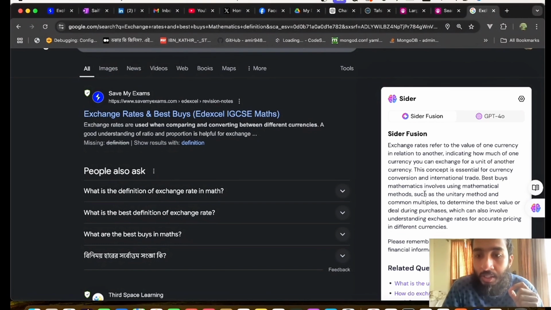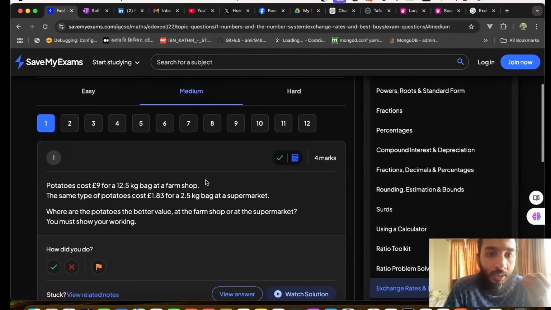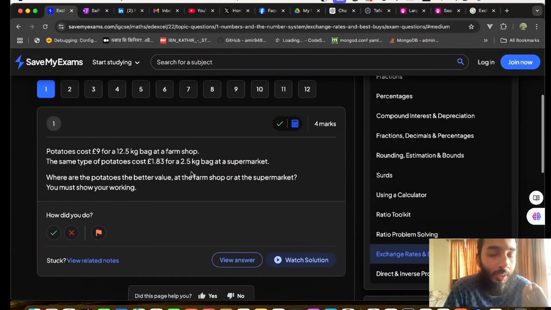So you can use unitary methods and common multiples to figure out the best buys. If you have a brief understanding of exchange rates, which is currency conversion rates, and best buys, which is using the unitary method and common multiples, we can now focus on some starter problems. There are three categories here, so I'll focus on the medium problems.